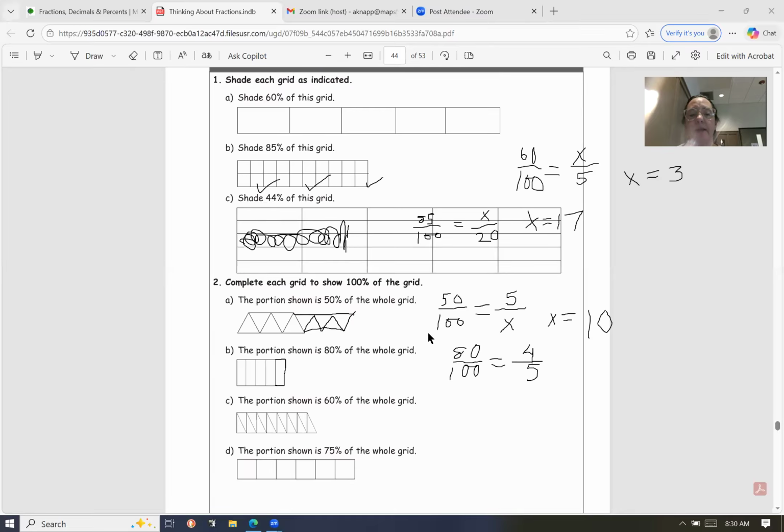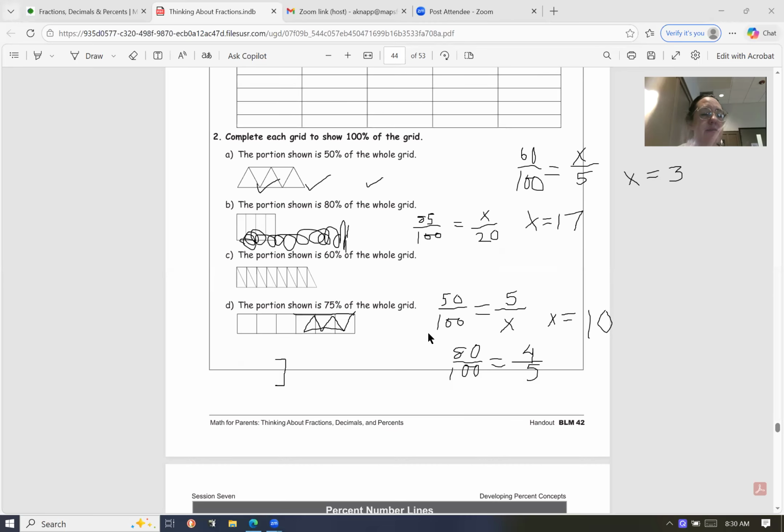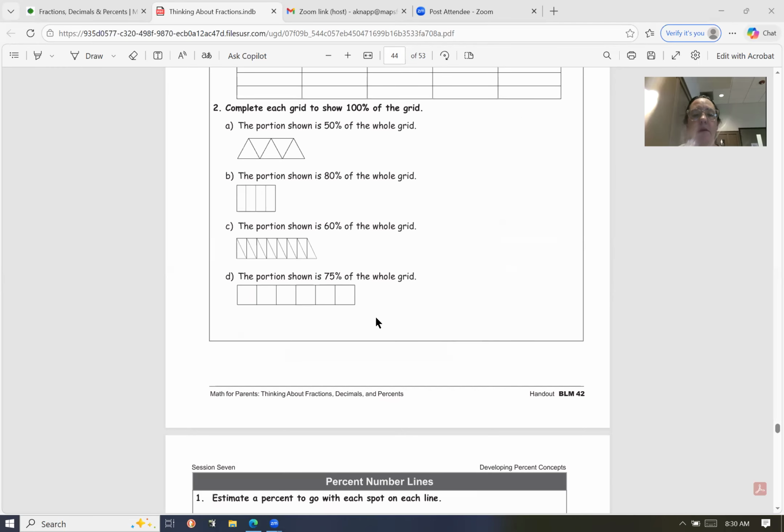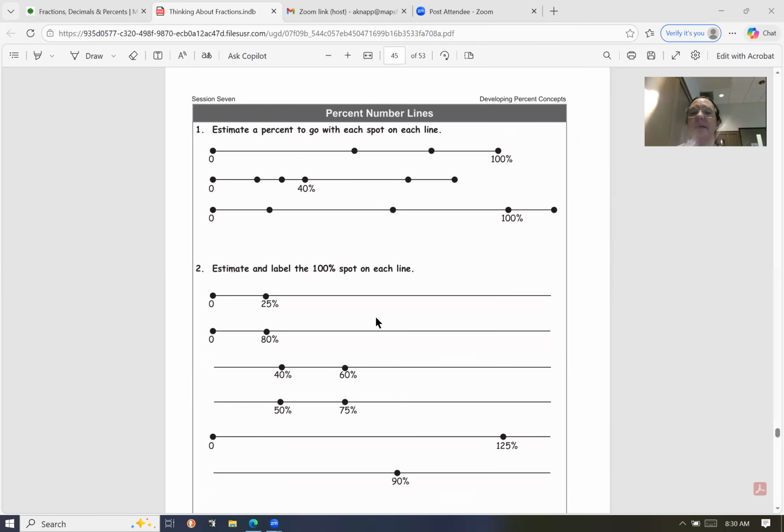And then the last part is the number lines. You need to estimate a percent to go with each spot on the line. Here, I see that I have 100%. This line from 0 to 100 represents the whole. So to me, this looks like about 50%. So you would just put 50 on there.